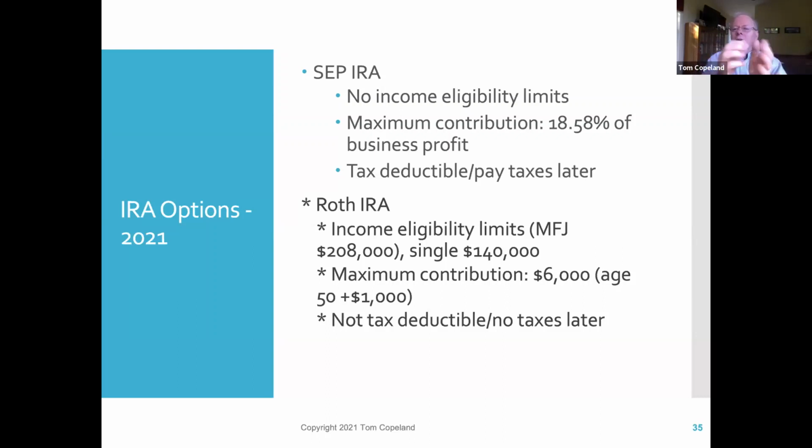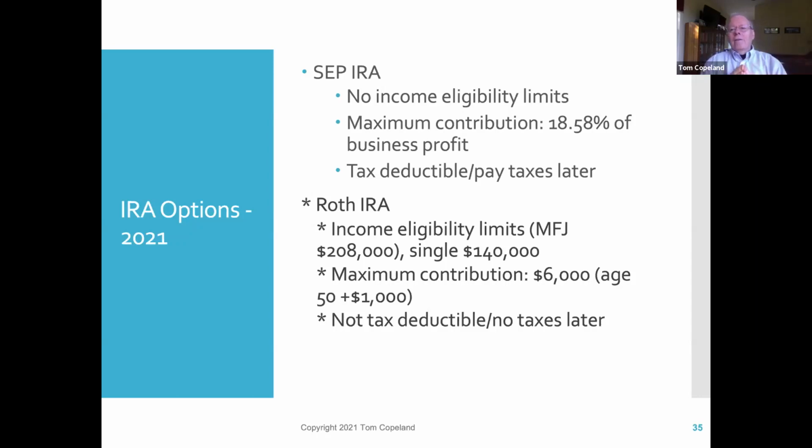When you take the money out, you're not going to pay tax on what you contributed because you've already paid tax on it, but you will not pay tax on any of the interest that it earned over the course of time. And if you're saving for 20, 30, 40 years for your retirement, all that interest is never taxed.